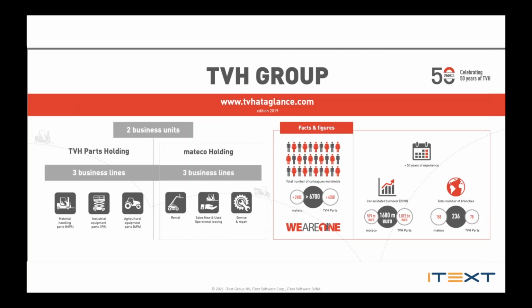We are a global leader in that. The other unit is the Mateco Holding, and that's what the project here is about. We have three business lines, and Mateco is all about renting out the machines. We rent them, we repair them, we give them service, and we also sell used equipment.